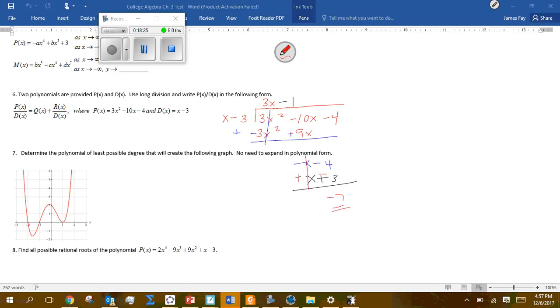And now I stop because that negative 7 is of a lesser degree than that x to the first. So that's my remainder. So this is r of x, this is d of x, and this is q of x. And what I was trying to get you to do is rewrite this as your quotient, 3x minus 1, plus your remainder of negative 7 over your divisor of x minus 3.